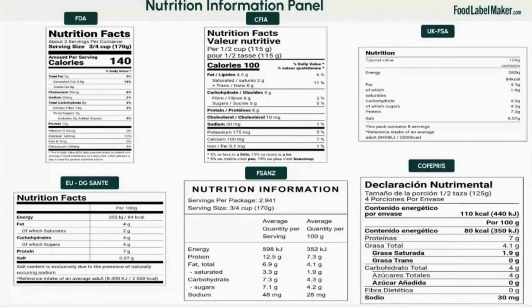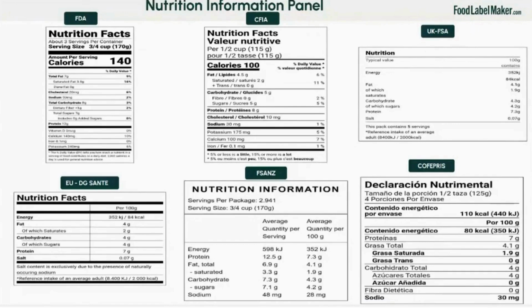When it comes to Australia and New Zealand, both countries require both a per serving column and a per 100 grams of product column. And I think arguably this is the most consumer-friendly approach. It provides both amounts within one nutrition facts table.